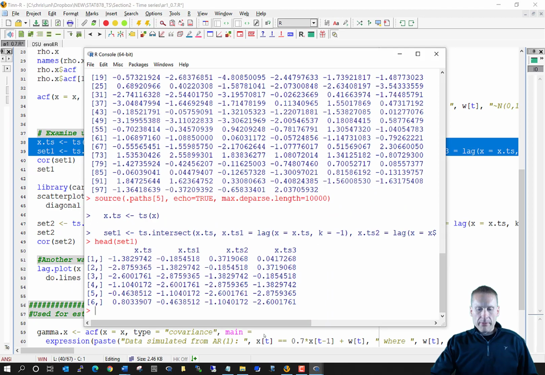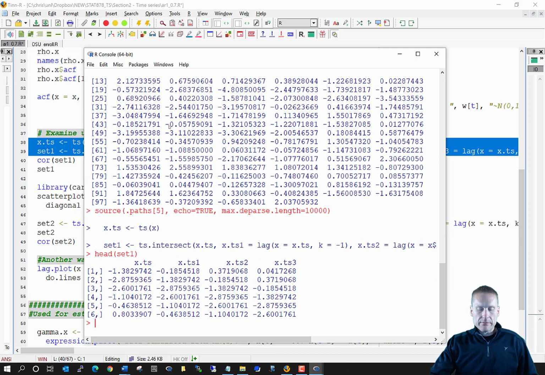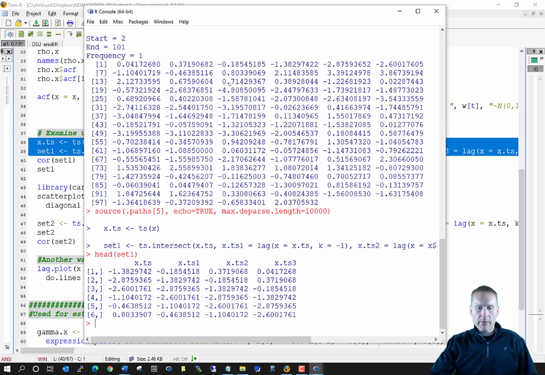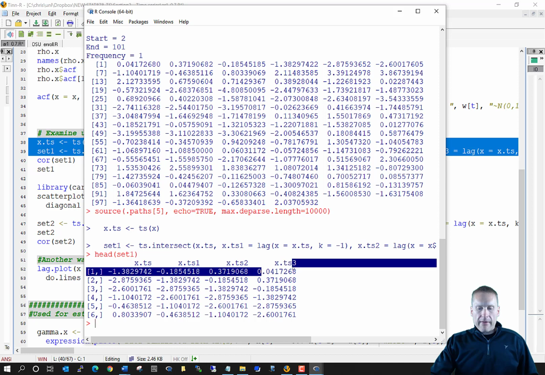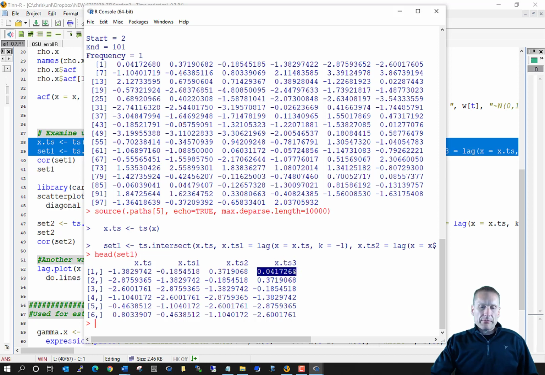So let's see here. Get everything on a nice, there we go. So notice here, for x.ts3, that was my original x1. 0.3719 was my original x2, and you can see my original x3 and my original x4.